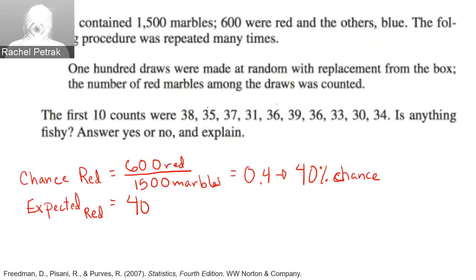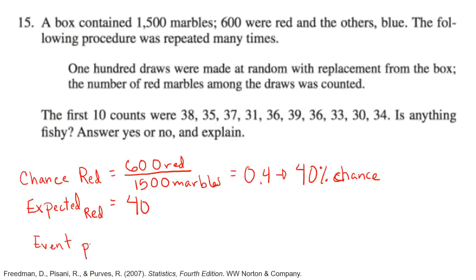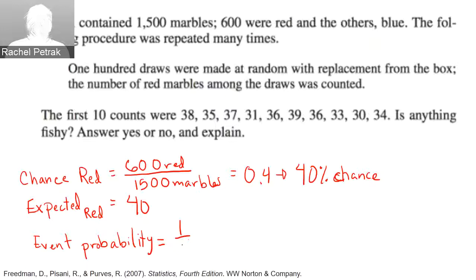The probability of all of these numbers being under 40 for the first 10 counts, just for your information, is 1/2 to the power of 10. As you can see, that would be an extraordinarily small probability. It's very unlikely.